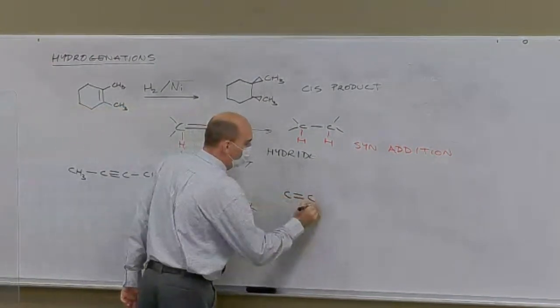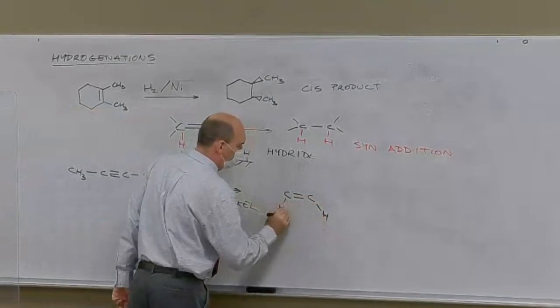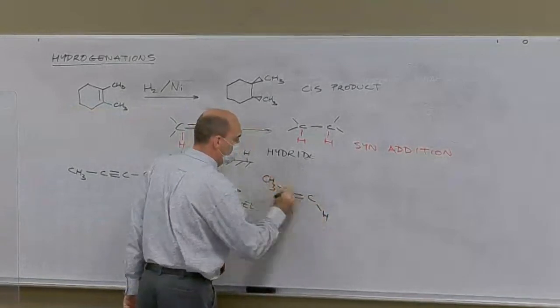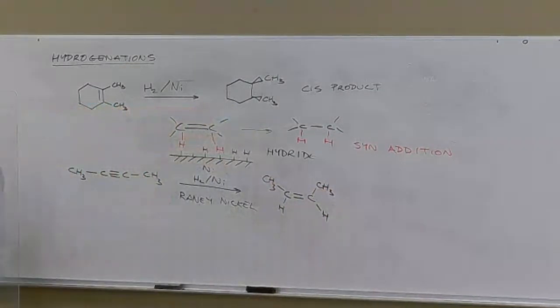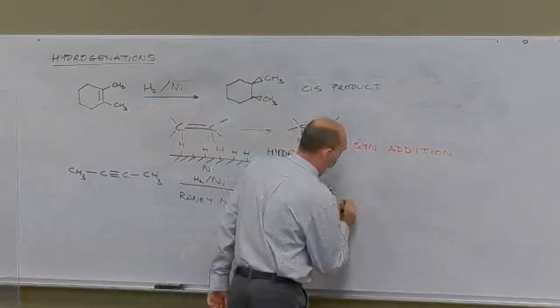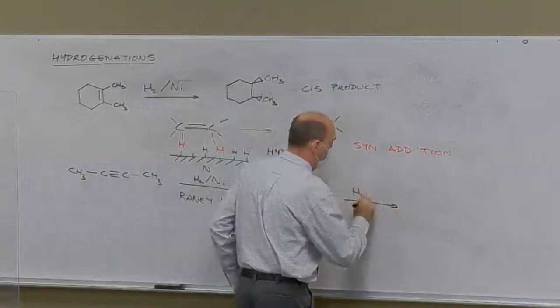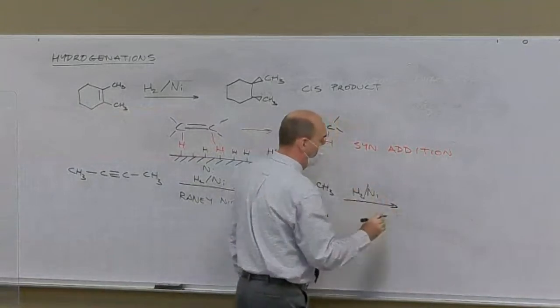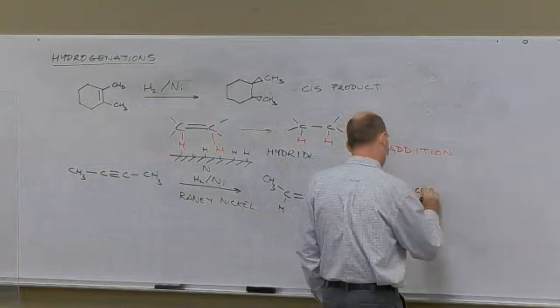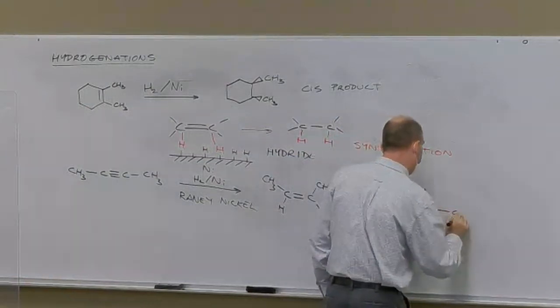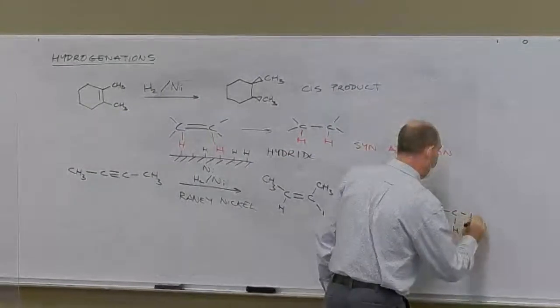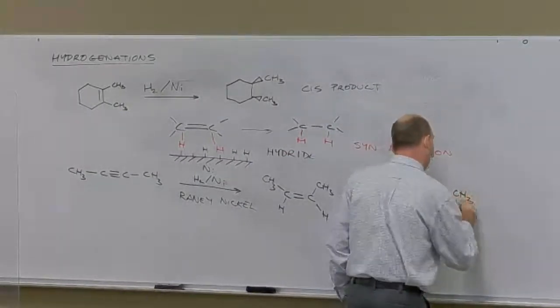It is going to make this alkene like that, to make the cis alkene. But that's going to react straight away with more Raney nickel. And now all of our work is lost.